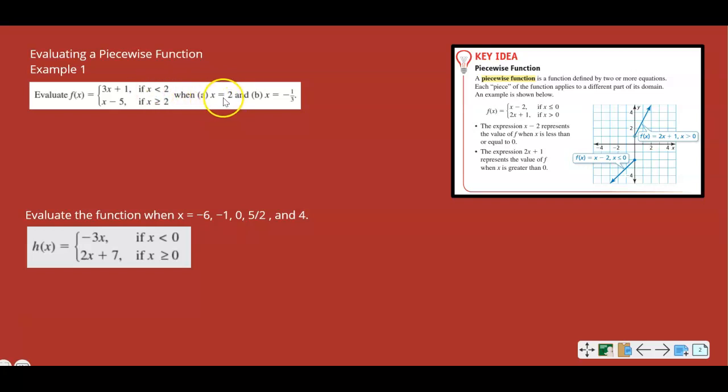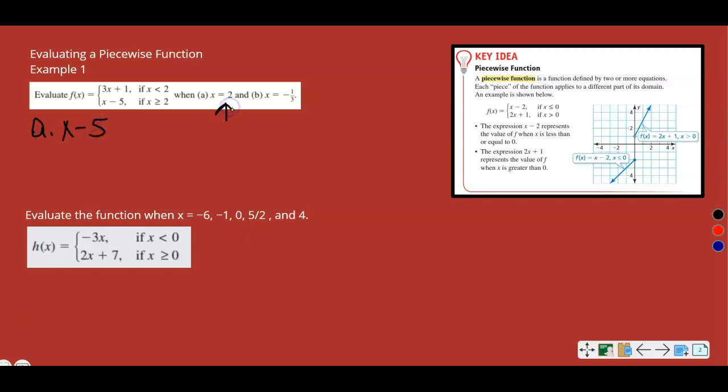All right, so x equals 2. This says x less than 2, so we don't even worry about the first part. So x equals 2 will go in the second function, because x greater than or equal to 2 is the part of the domain that we're looking at for a part. So for a part, we're going to say x minus 5 is the function. So we've got x minus 5.